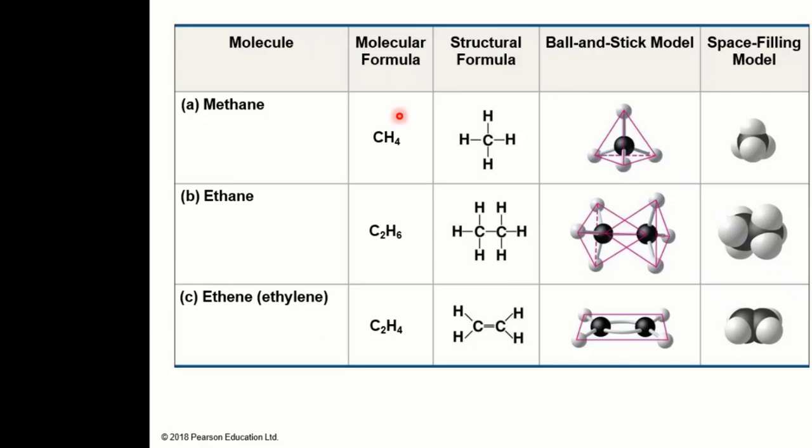This is the formula of methane, which is CH4, ethane, which is C2H6, and ethylene, which is C2H4. And this is the formation of the bonds, where you have to illustrate how they are bonded in terms of their structural formula.